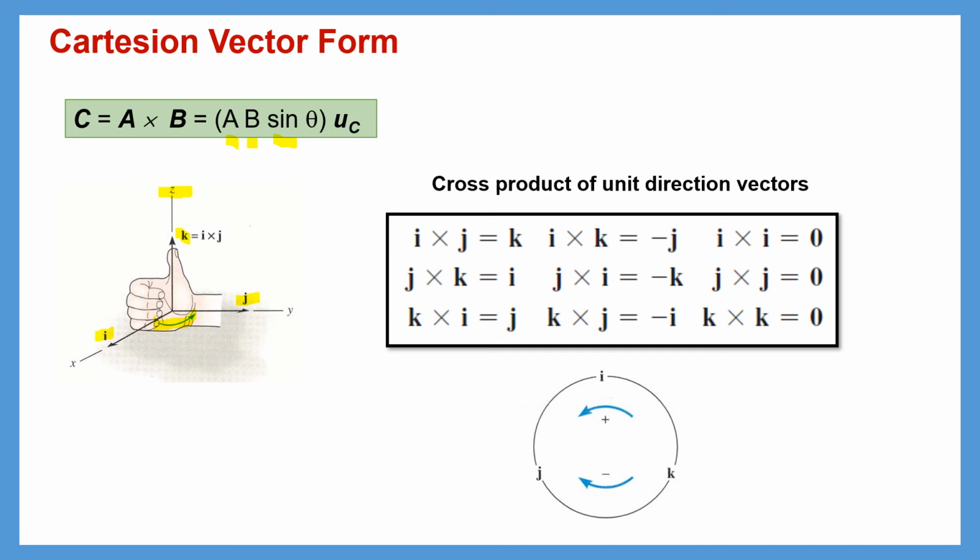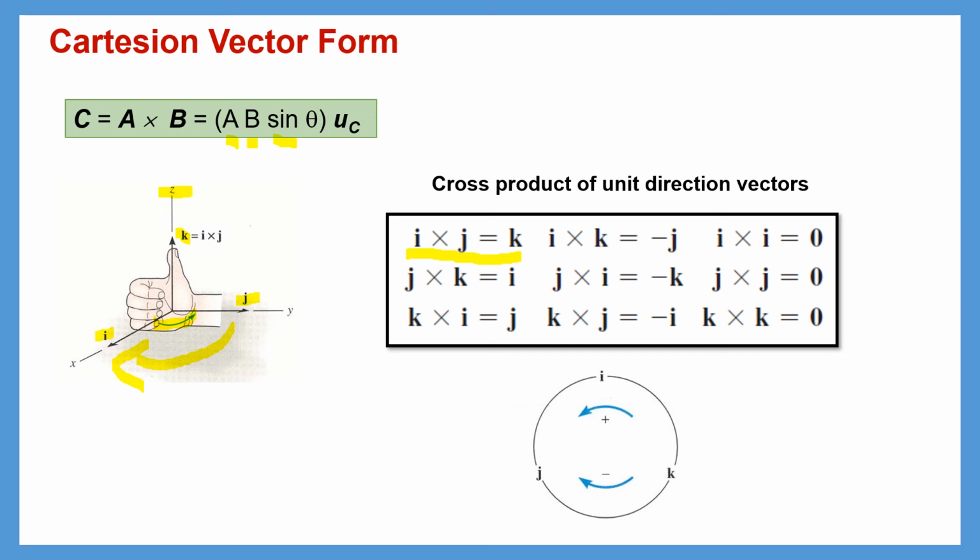So it means that i cross j is equal to k. Let's see now j cross i. So j cross i, it will be in clockwise direction.